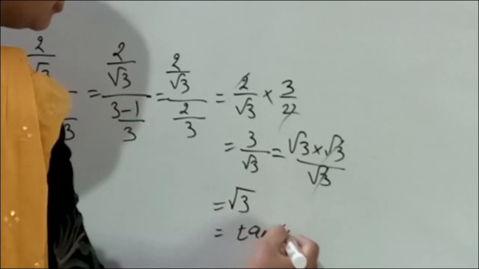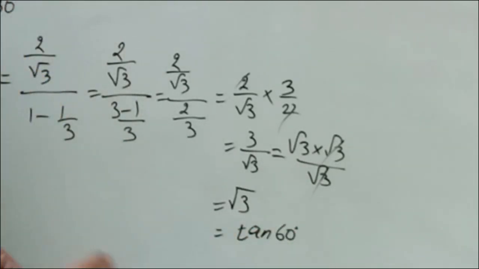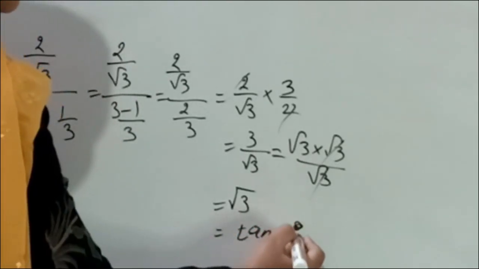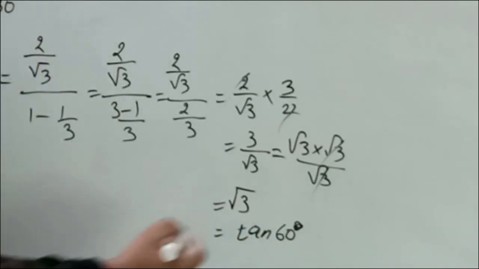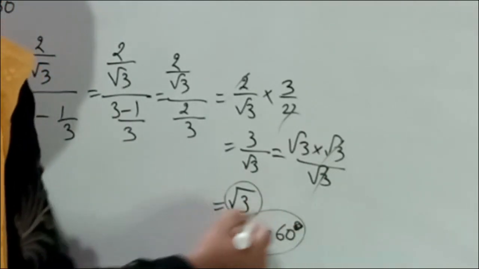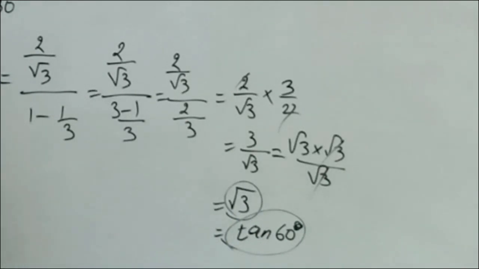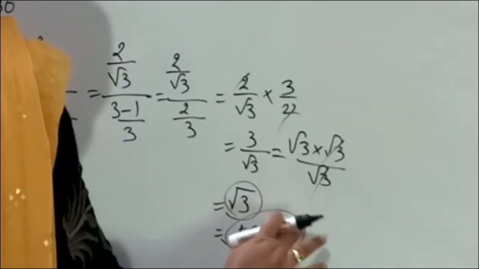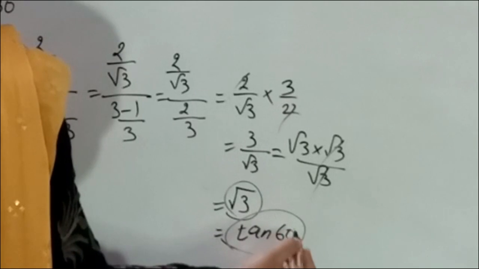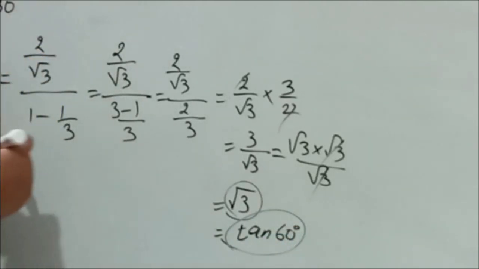Is it or not? tan 30 is 1 by root 3, tan 60 is root 3. So answer is root 3, that is also equal to tan 60 degree. Clear, children? Now next question.